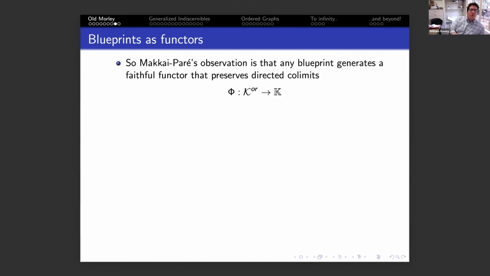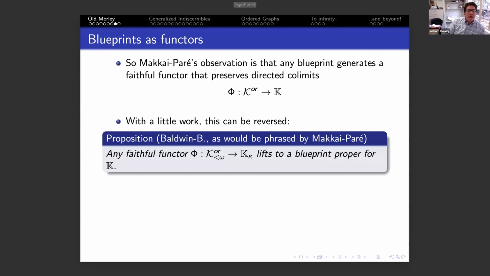And so what Makkai and Paré observe is essentially that any blueprint generates a faithful functor that preserves directed colimits. And it even goes back the other way. This was before I knew this much category theory; it's something John Baldwin and I figured out many years ago.